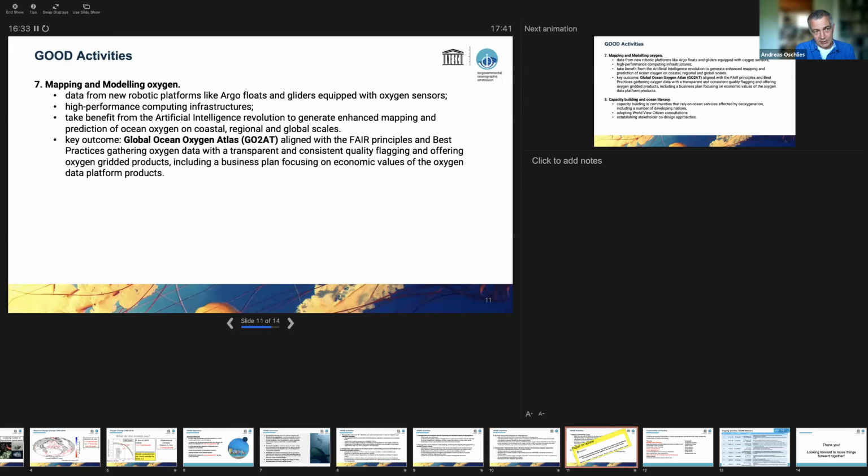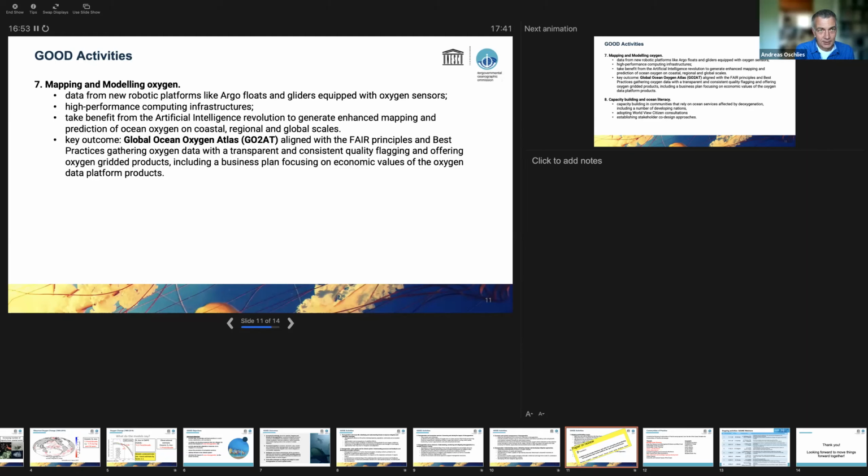And one activity currently already underway is to improve our mapping and modeling, to generate a global ocean oxygen atlas. We have such atlases already for at least the open ocean, the World Ocean Atlas.